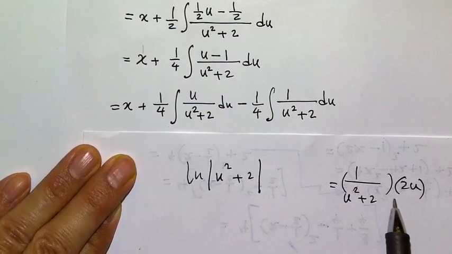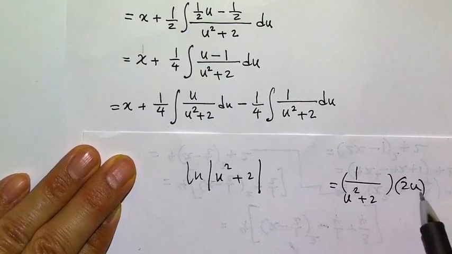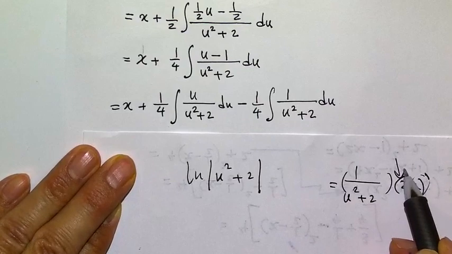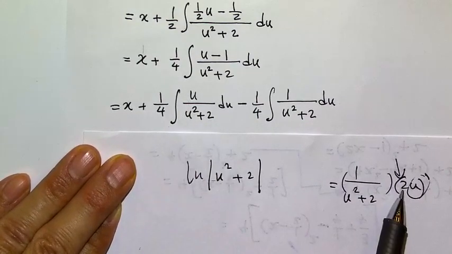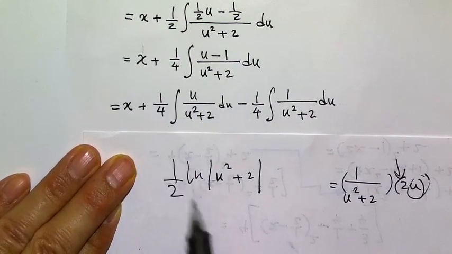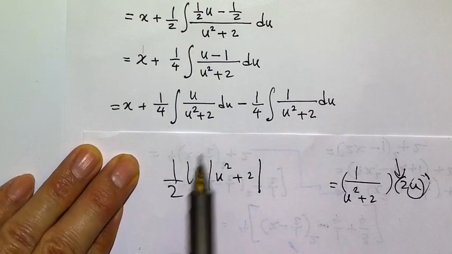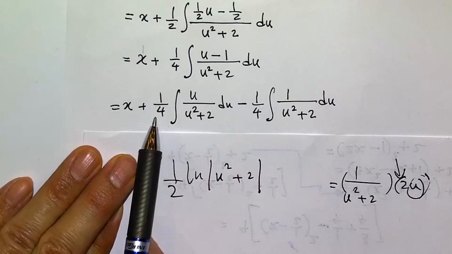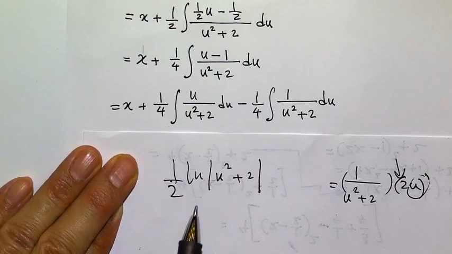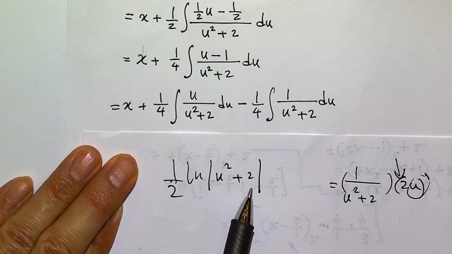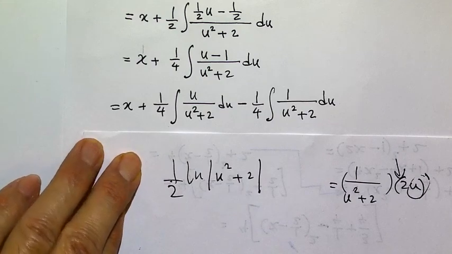We want the u but not the 2, so we have to multiply this by 1/2. And then, of course, times 1 over 4. So 1 over 4 times 1/2 times natural log of u squared plus 2.